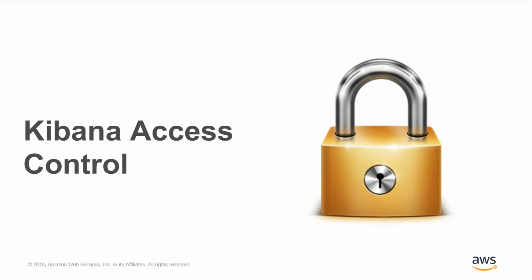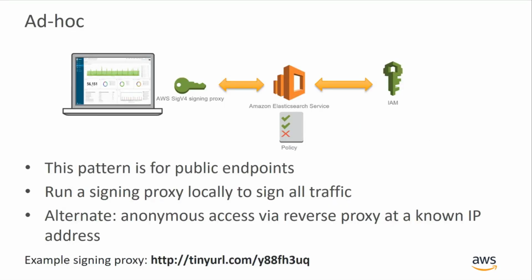One special case that I wanted to go into was doing access control for Kibana. What we see here is we frequently have customers, and you may need to just have an ad hoc dashboard up, or you may need to have your IT folks have a dashboard across a number of different applications where those applications are in VPC.